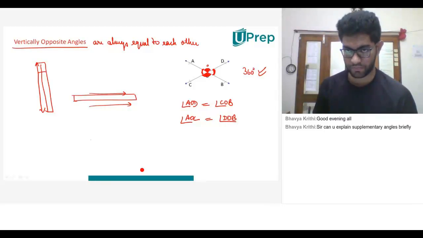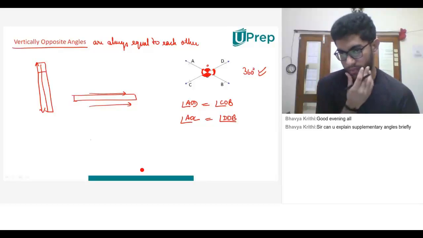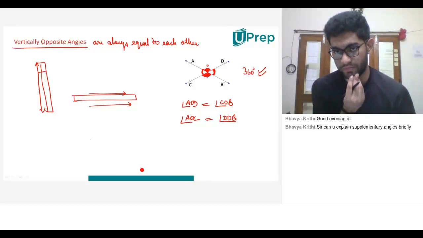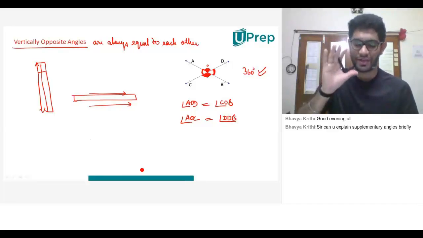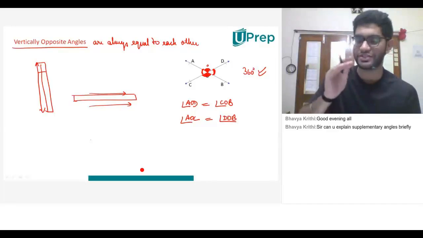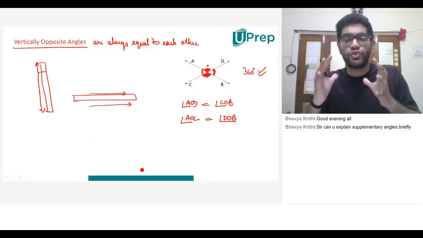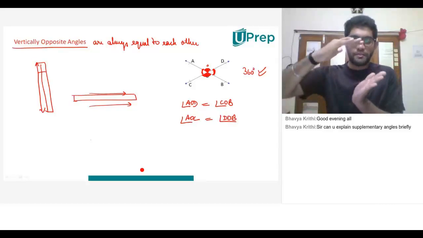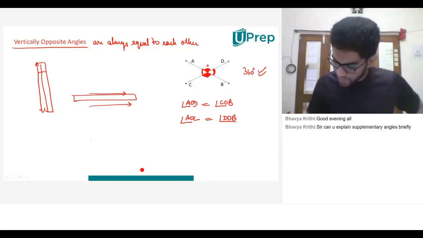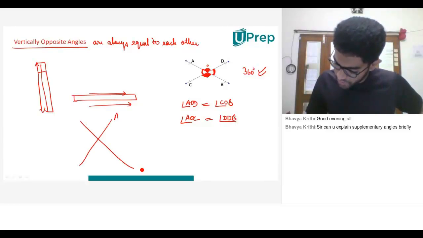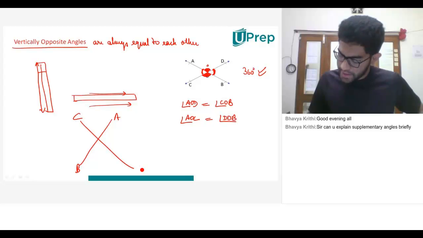Sir, so the angle AOC is a horizontally opposite angle to DOB. Okay. The reason that you're saying that is because of the point of view from which you are viewing it. For example, I shift it like this, for example, I say ACBD.